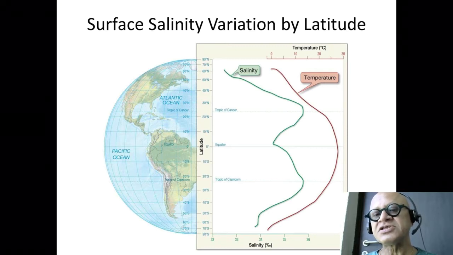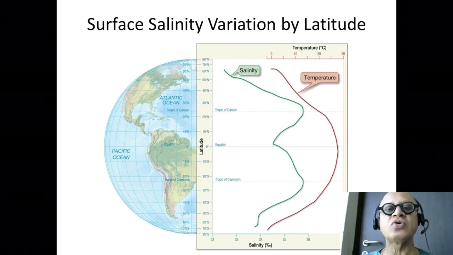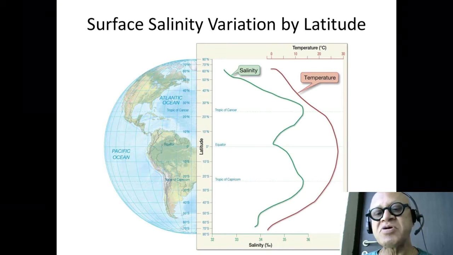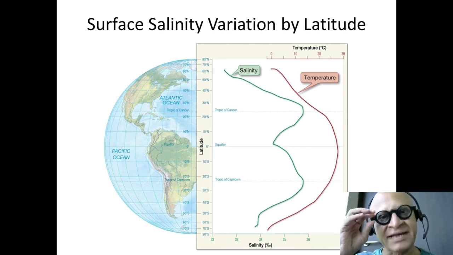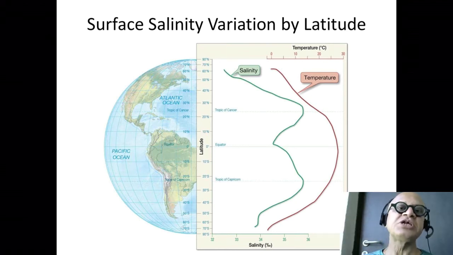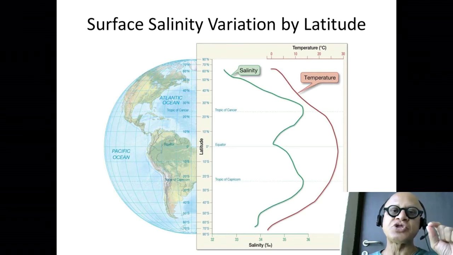Nonetheless, tropics are warm, and the temperature begins to drop as you go to higher latitudes, and the salinity is minimum at the equator, where the rainfall is maximum. So we essentially have to look at evaporation and precipitation together to determine what is the net impact on salinity.